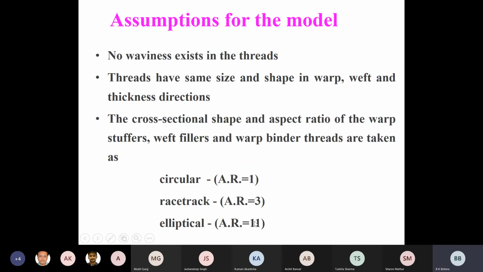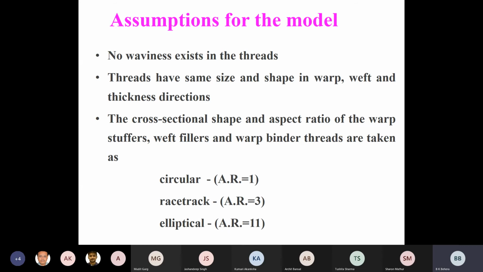What we have found is that the aspect ratio, that is major axis by minor axis, for a circular cross-section is 1, as obvious, since major axis and minor axis are both the same, diameter d upon d is equal to 1. For racetrack it is 3.